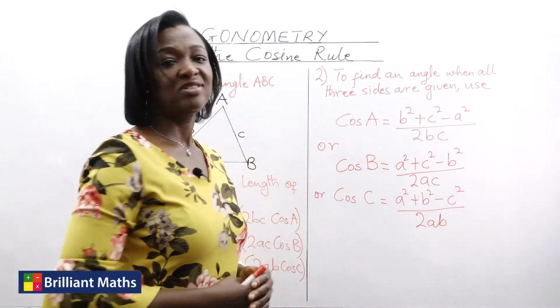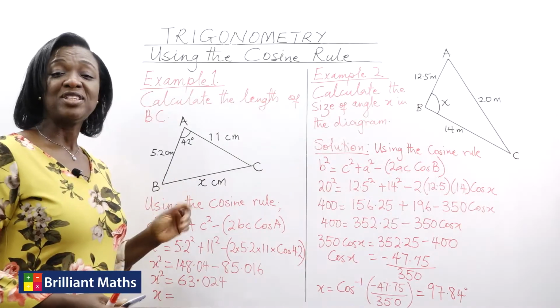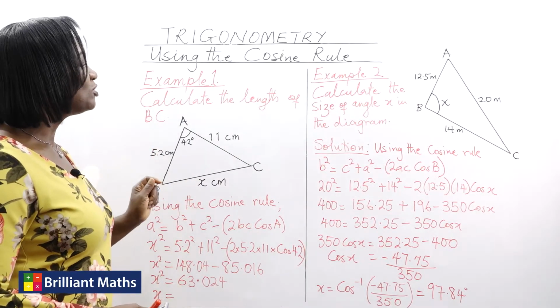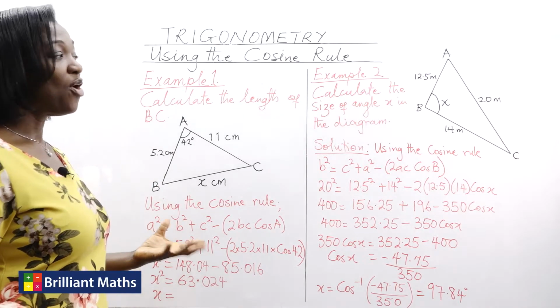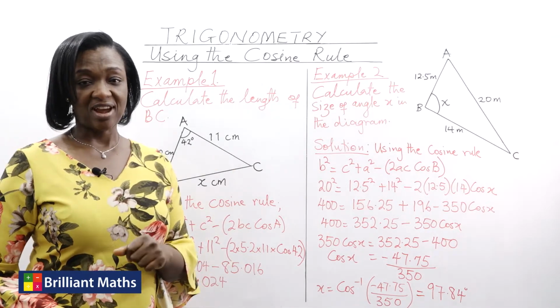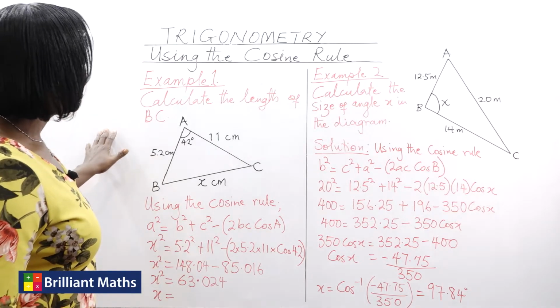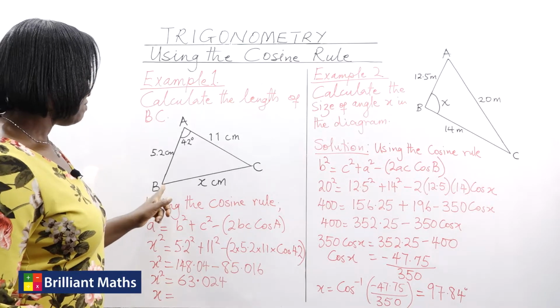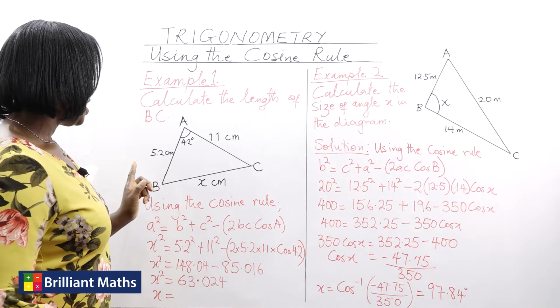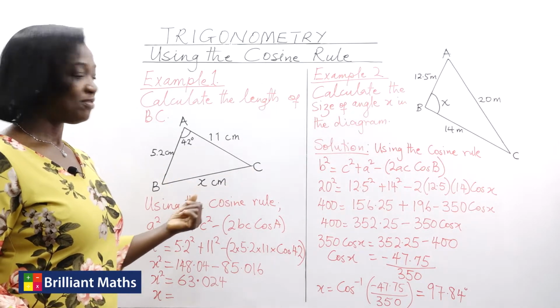So let's work out an example. In this part of the lesson, we want to learn how to use the cosine rule to find an unknown angle or an unknown side. So for example 1, it says calculate the length of BC. BC is the base of this triangle, kind of.